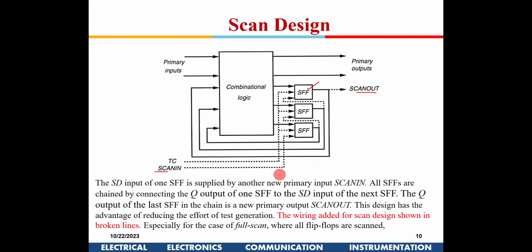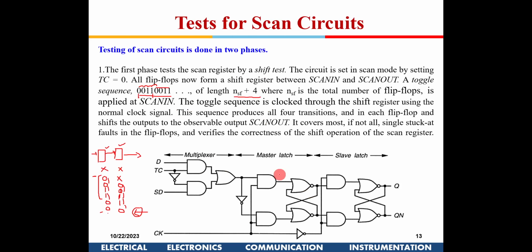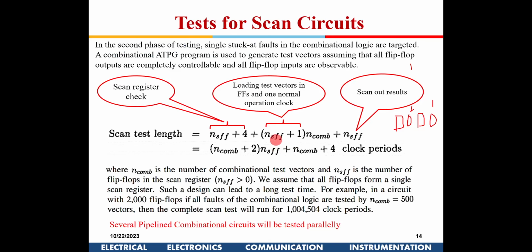So the total number of tests here is n plus 1, and that is loading of the test vector plus capturing the data into the number of test vectors. So it is the number of test vectors you have to do that, and then you have to finally take these things to the output also, to scan out the results also.